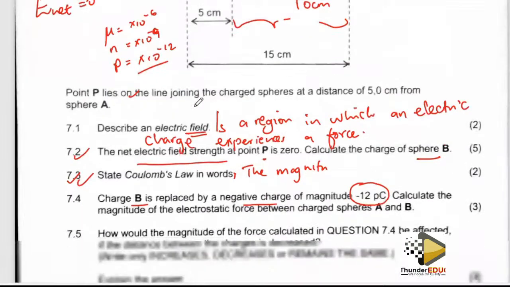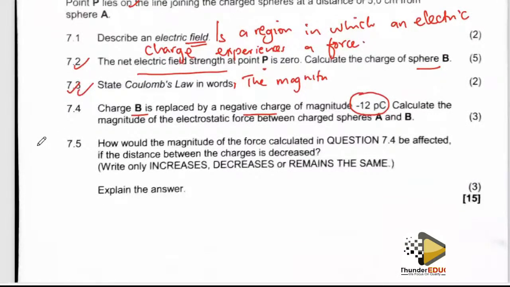Then we look at 7.5. Someone will say, now which direction is it? Doesn't matter. Remember, it's a positive and negative, so it's going to be attraction. So how would the magnitude of the force calculated in 7.4 be affected if the distance between the charges is decreased? Okay, so guys, remember, this is K QA QB over r squared.